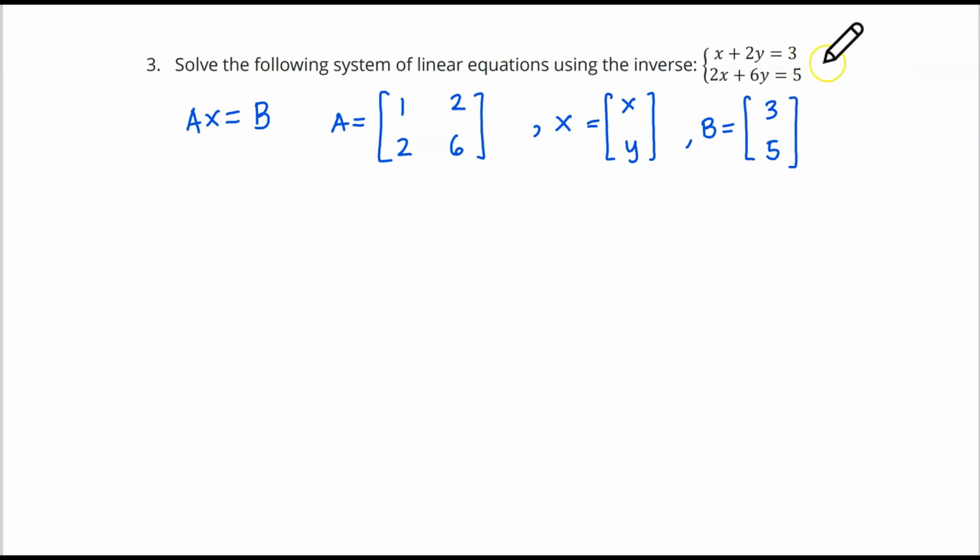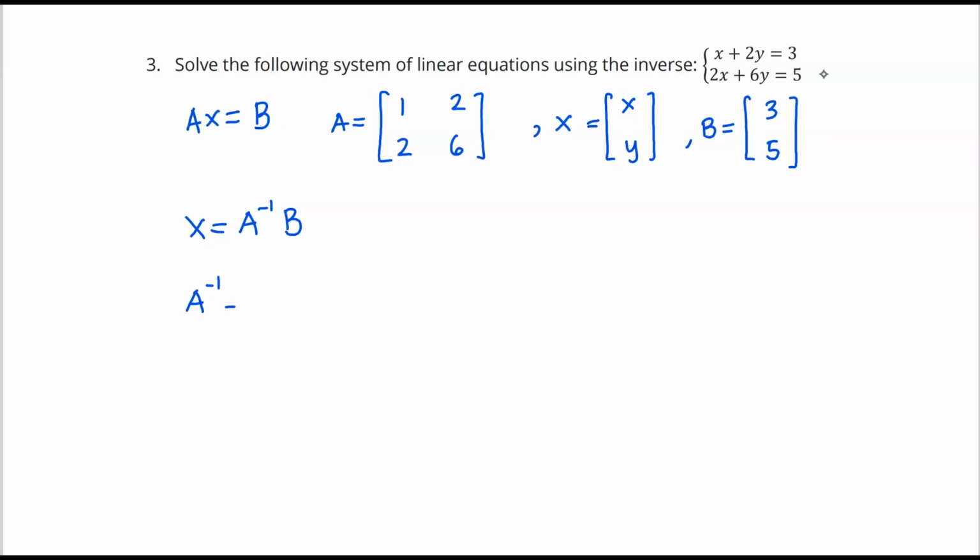So that means you always have to write your system of this form so that you could easily get the equivalent matrix form of the system. And then to solve for X, you just have to use the formula A inverse times B. So let's compute for A inverse first.